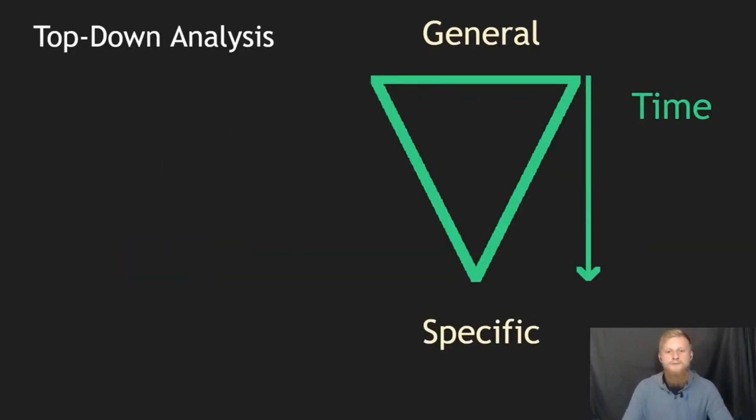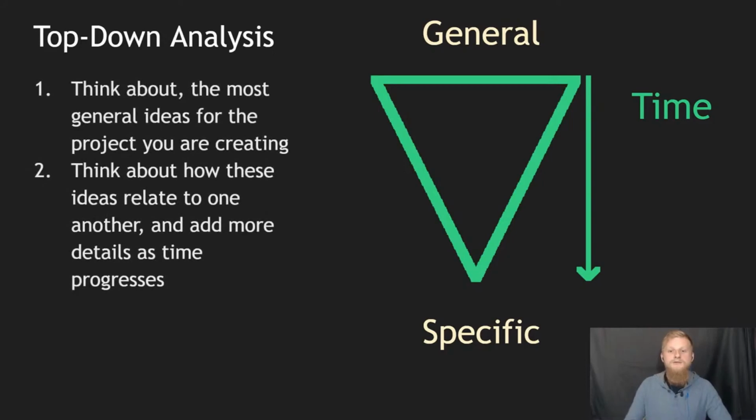So this name top-down is really just a way of suggesting that you design and build the most general, high-level details, and over time, you design and build the low-level, specific details. We'll see some examples later on of what I mean in more specific terms.